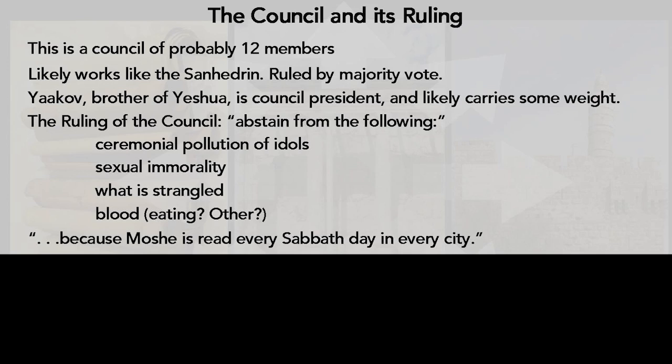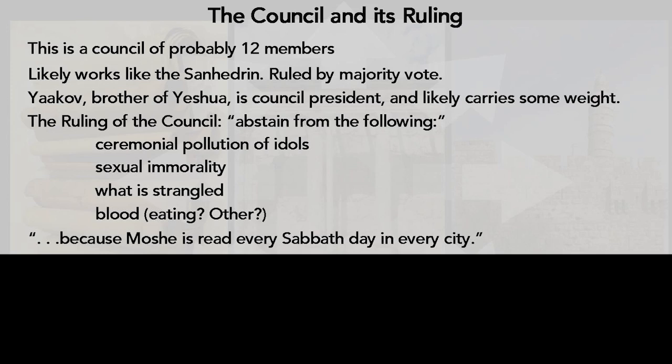Number 2 is sexual immorality. Number 3, what is strangled, and that is literally a Greek word meaning to choke. And then blood. Note again, there is no reference to food or eating blood. Okay? It just says blood.